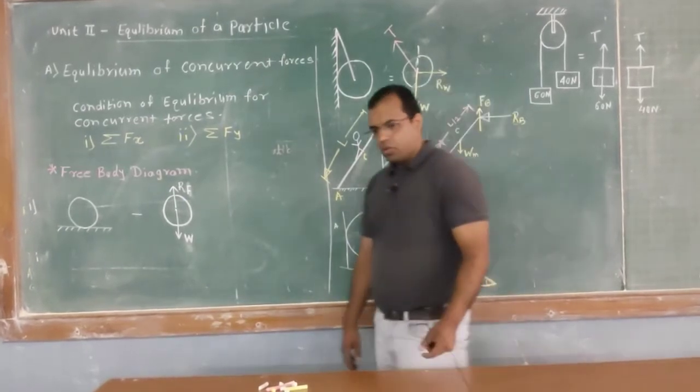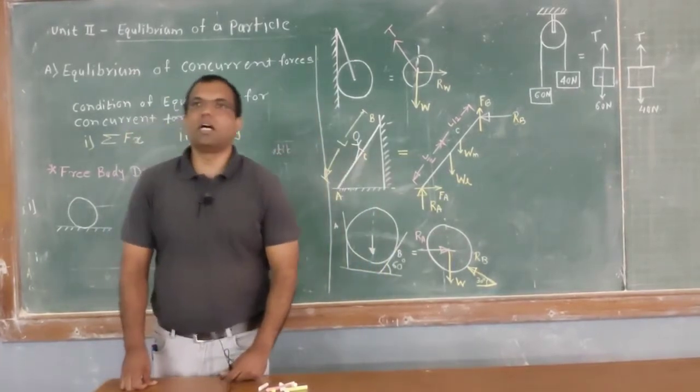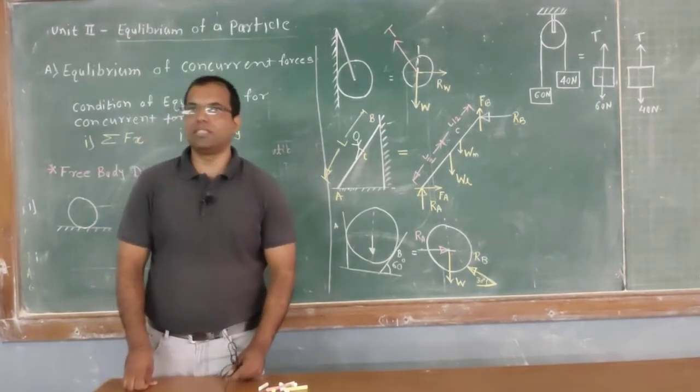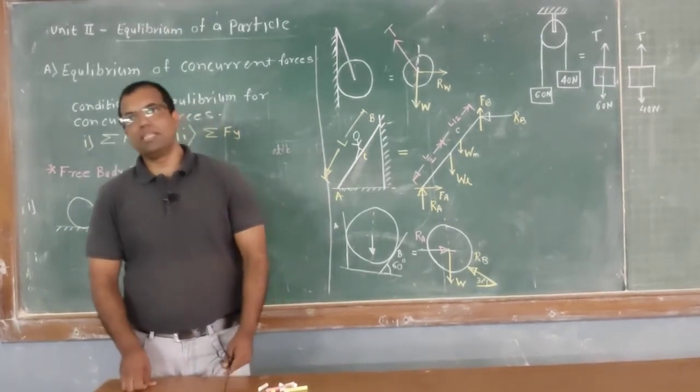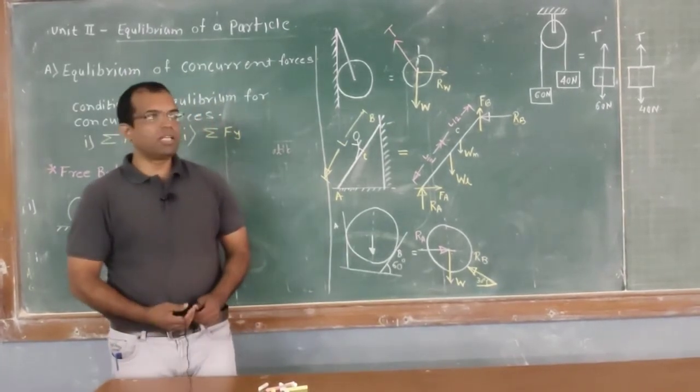We know that there are two systems of forces. One is the concurrent force system, another is the non-concurrent force system. The concurrent force system problem can be solved by two equations of equilibrium. What are these two equations?